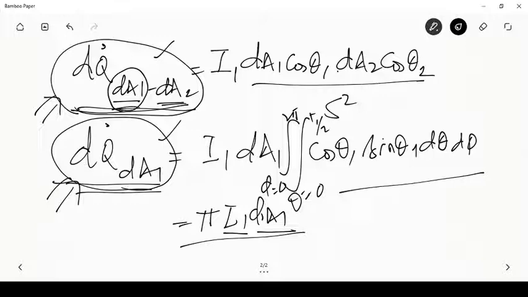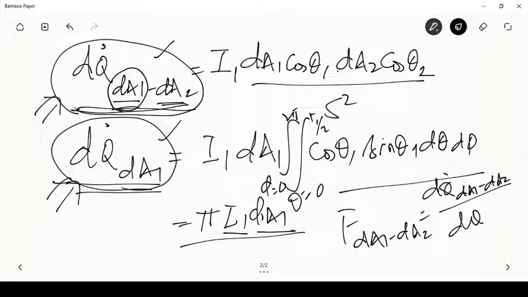Okay, so what will that be? That will be F dA1 dA2, equal to dQ dot dA1 to dA2 divided by dQ dot dA1. So this will be the fraction of the energy that is leaving dA1, which actually arrives on dA2. The rest of the energy goes out in the rest of the hemisphere, right?